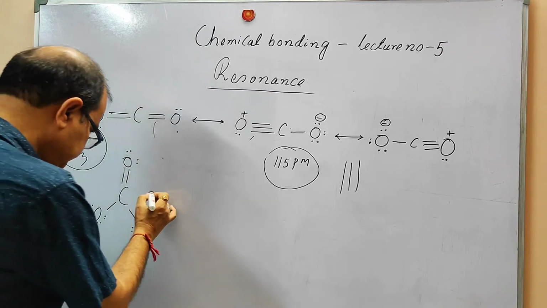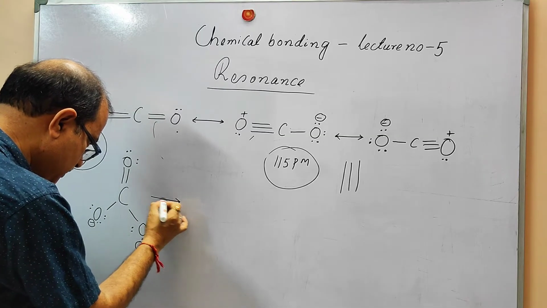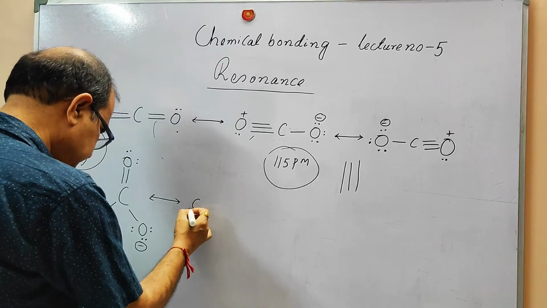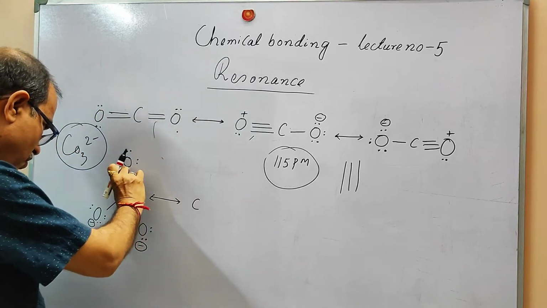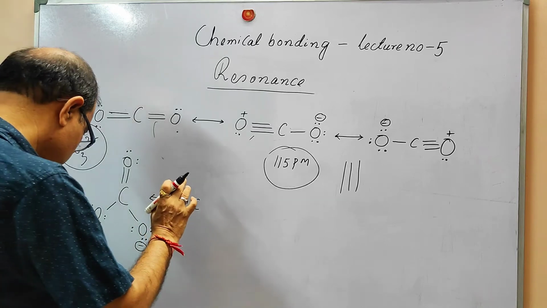This is one of the Lewis structures, and it can be rewritten in this fashion, where the double bond is changing. You can write 3 Lewis structures.